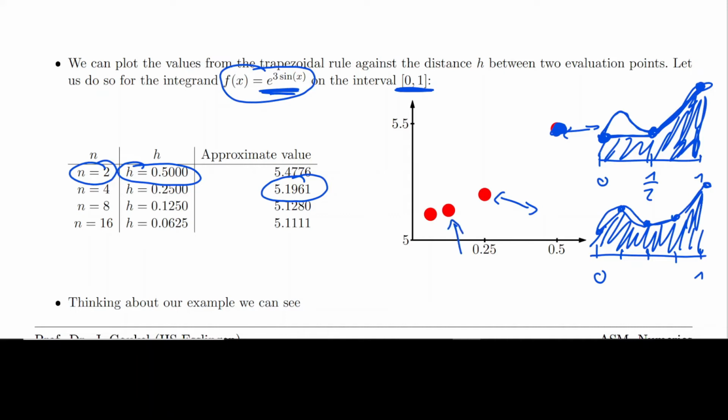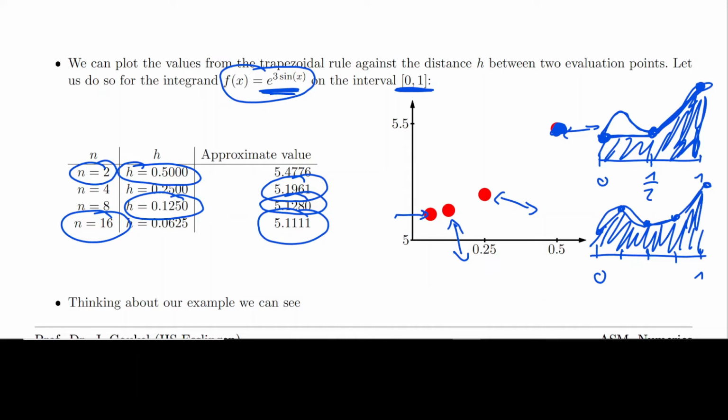Here again we use a refined h, from a half to 0.25, and then 0.125, and the integral value from the trapezoidal rule is 5.1280. And if you subdivide into 16 parts, then you get the approximate value 5.1111, which is that value.